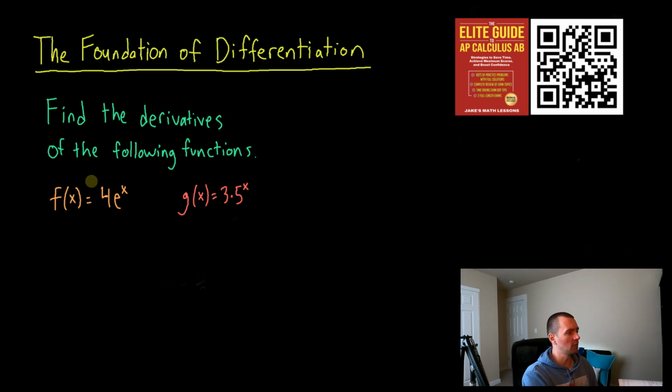We're going to find the derivatives of the following functions. f of x equals 4 times e to the x, and then g of x, which is 3 times 5 to the x. These are, again, very elementary versions of exponential functions. There are obviously more complicated exponential functions that you might need to find the derivative of, which start getting into other things: product rule, chain rule, quotient rule.